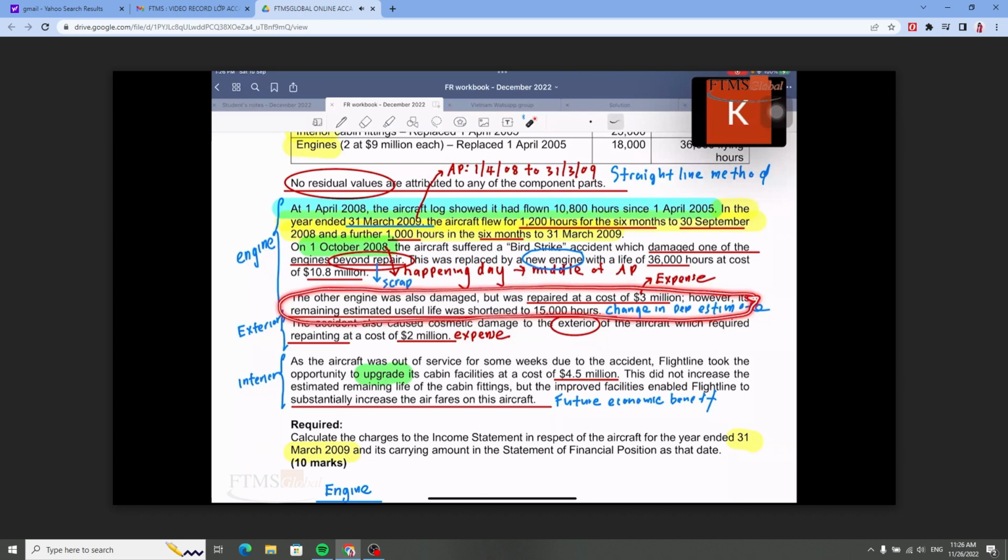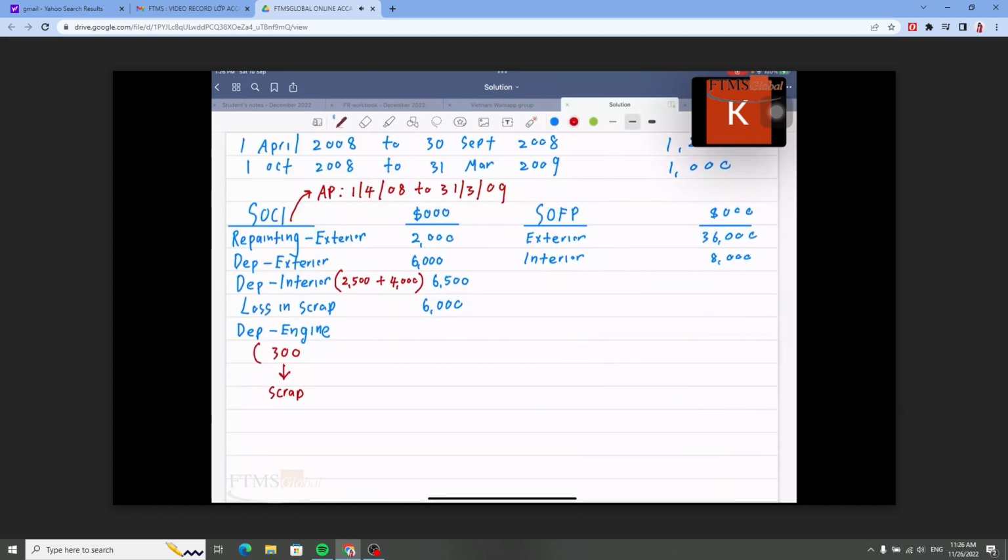So you see there's a free mark of 3 million. 3 million is an expense, right? Maybe I put this one first. Okay, don't waste the free mark. 3 million expense of here. Repair.